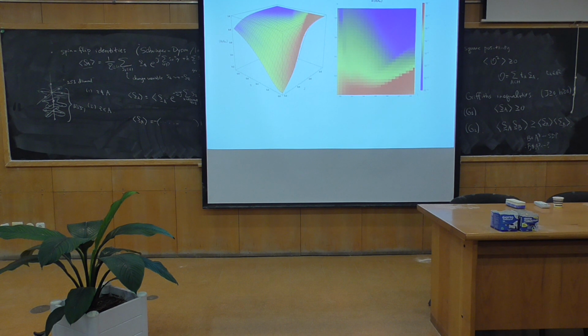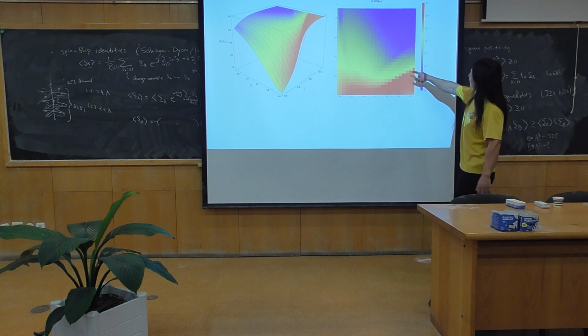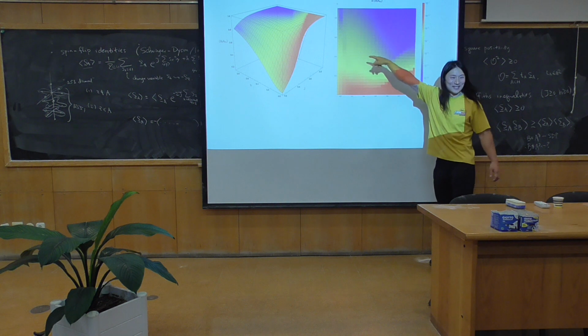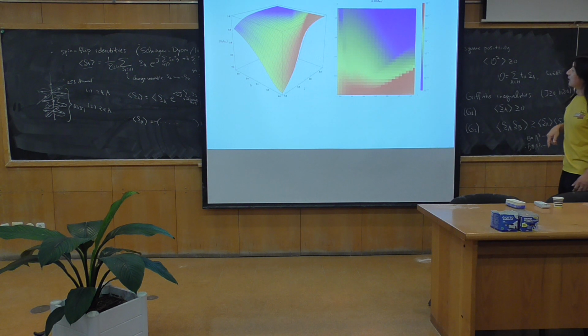Is that line a real line, or is that an artifact of the color? This pixel plot is just because we have sampled only the points. But the boundary between the red and the yellow.